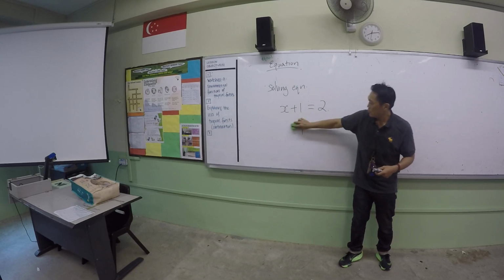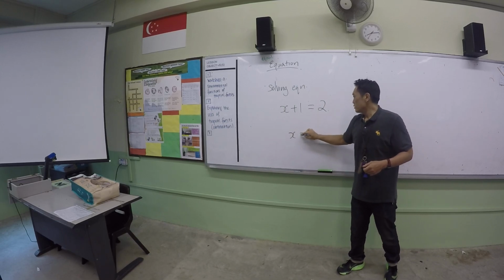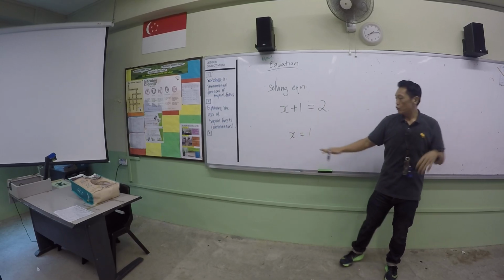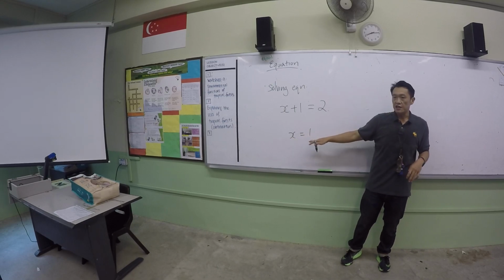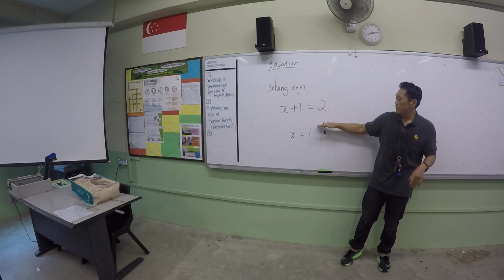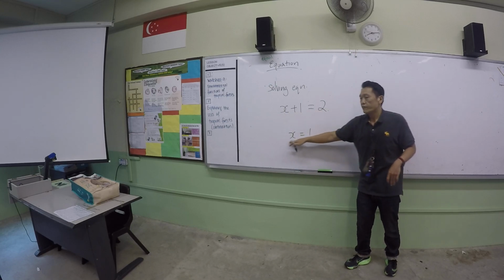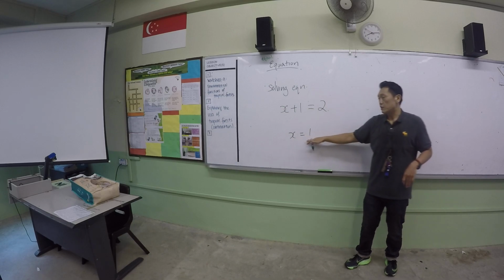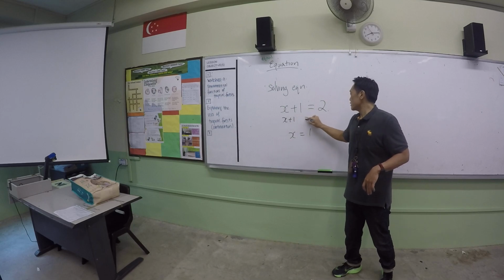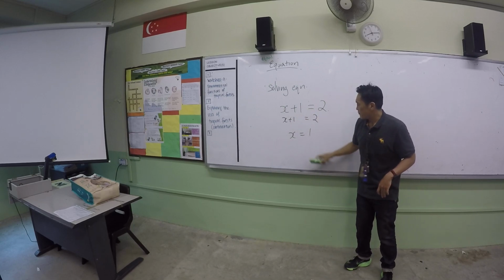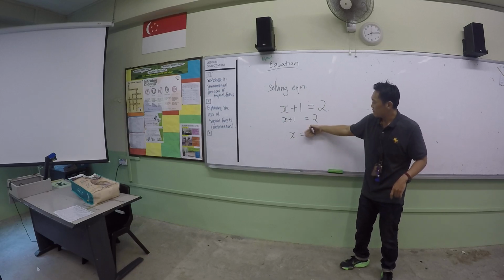But if, so you see, coming to the conclusion that x must be 1, actually, we can write equivalent equations from the first equation until we get this equation. So, x plus 1 equals 2. I know that finally I want to come to x equals something.